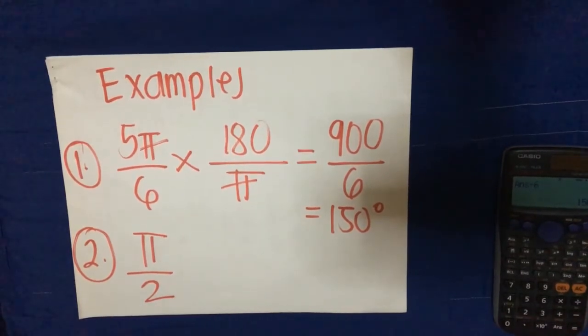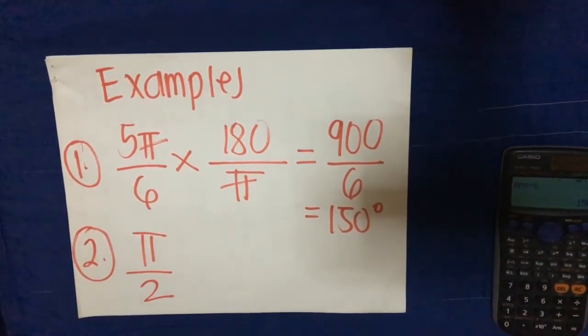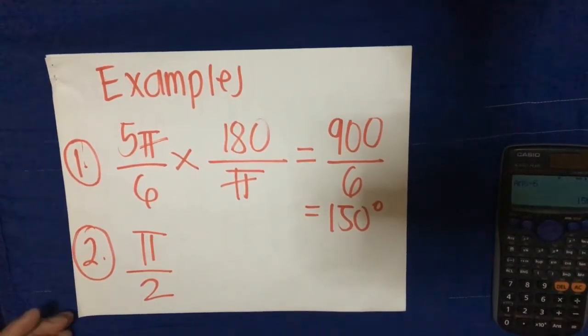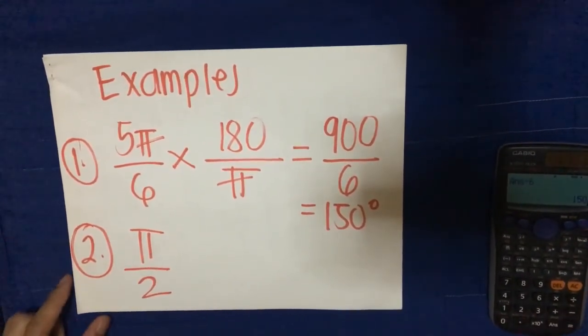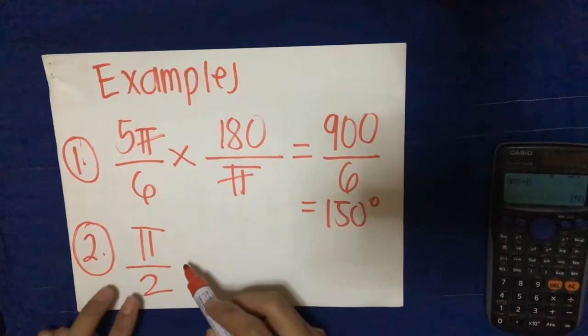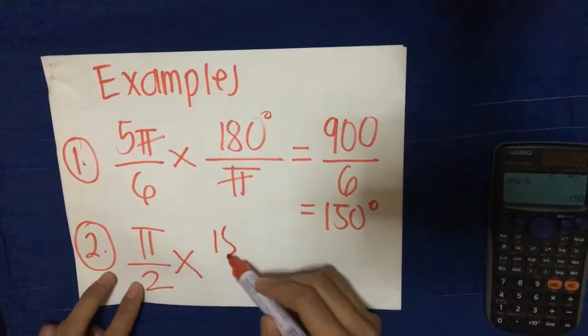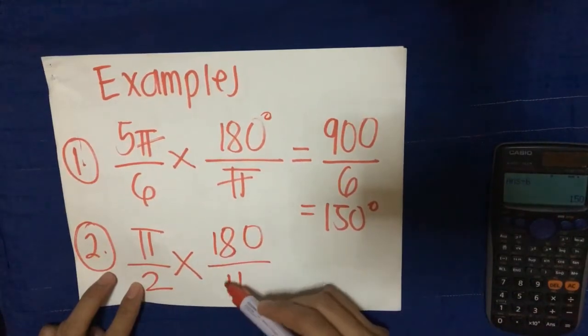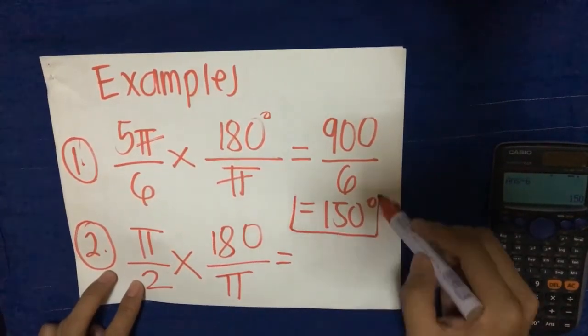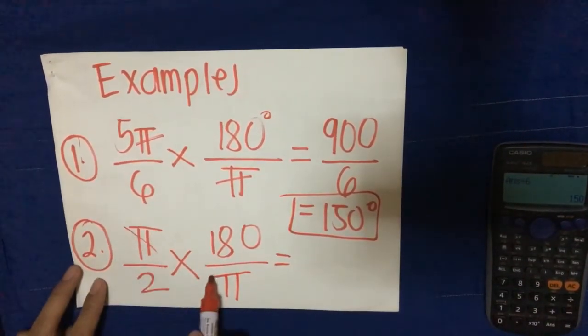So let's proceed to the second example, which is pi over 2. Convert this one to degrees. Let's find the equivalent degree value of example number 2. We multiply by the same thing here, that is 180 over pi. Now very obviously, we are able to cancel the pi.